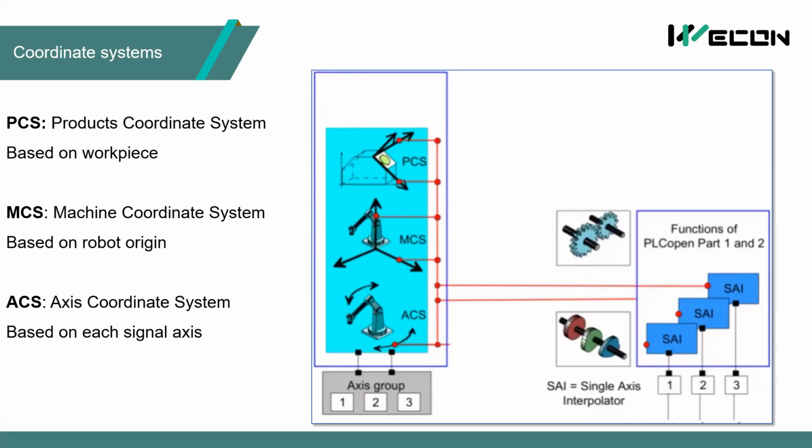For example, if I set the target position as 1, 1, 1 in the MCS system, the target position will move to this position, 1, 1, 1. But if we are using ACS, 1, 1, 1 may mean all axes rotate one circle.